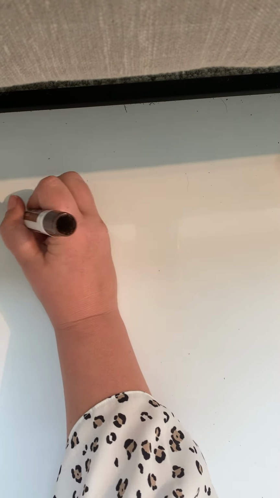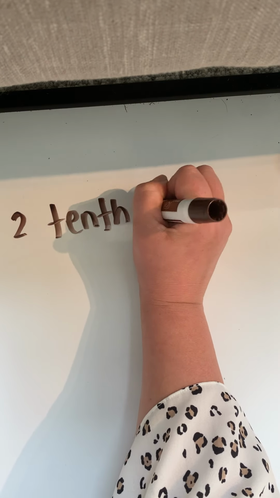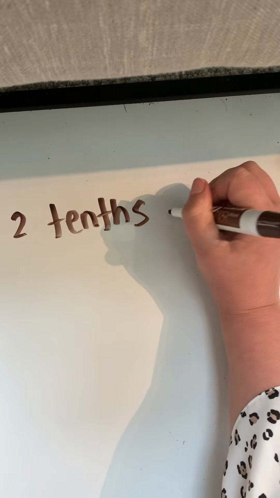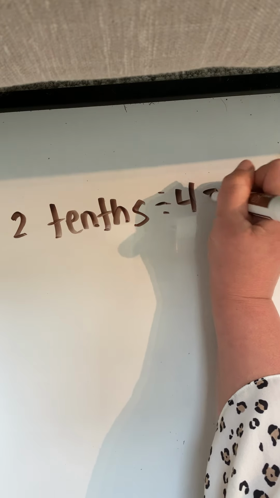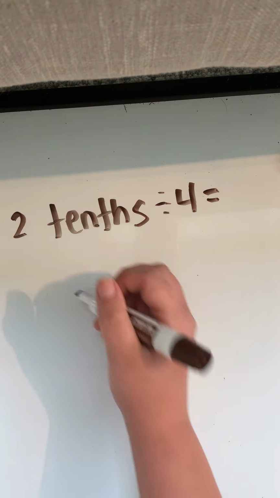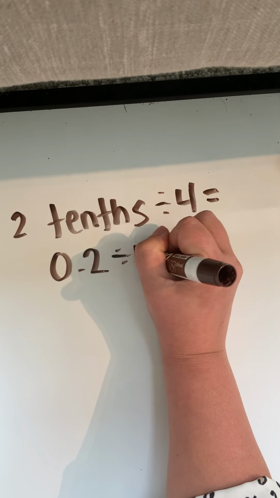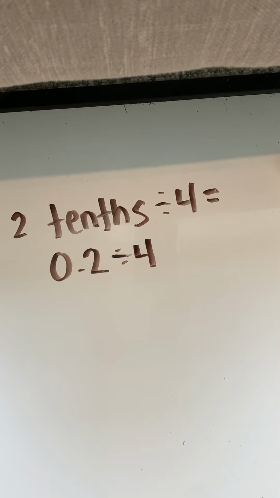Okay. We have 2/10 divided by 4. Okay. First things first, I'm going to go ahead and make my 2/10 into a decimal. So I have 0.2 divided by my 4.